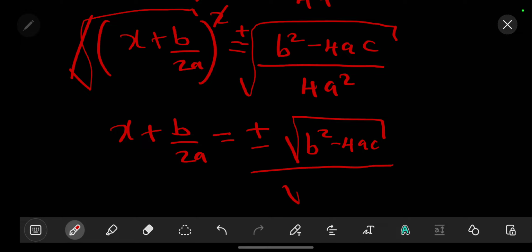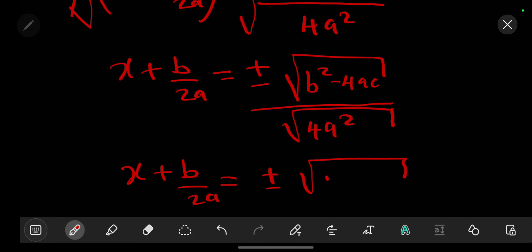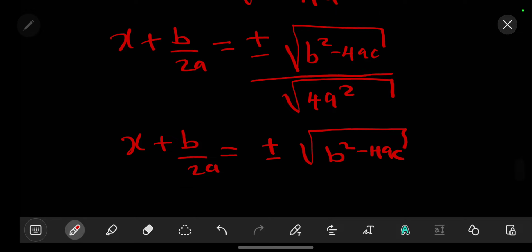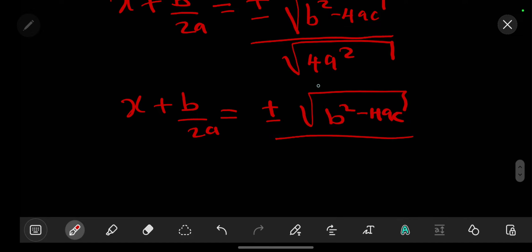Then over, even here you write the square root of 4a squared. It's still okay to write like this. So we are going to have x plus b over 2a should be equal to plus or minus the square root of b squared minus 4ac over, we can also distribute this square root throughout.